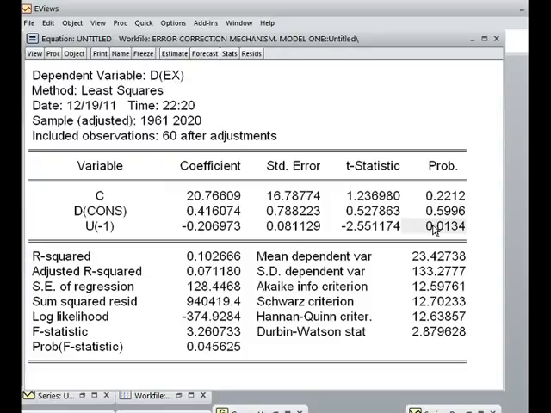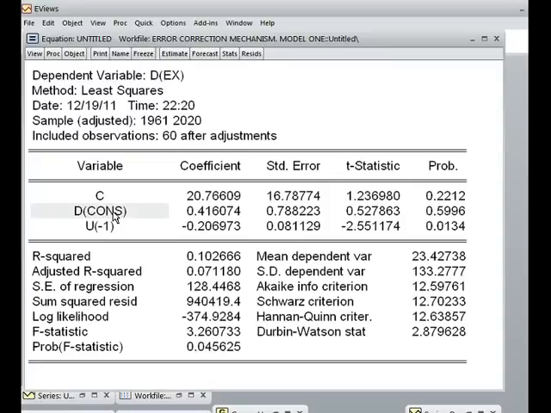When the lag one residual is significant and has a negative sign, it gives the validity that EX and cons have a long run equilibrium relationship, because the error correction term is negative and significant.